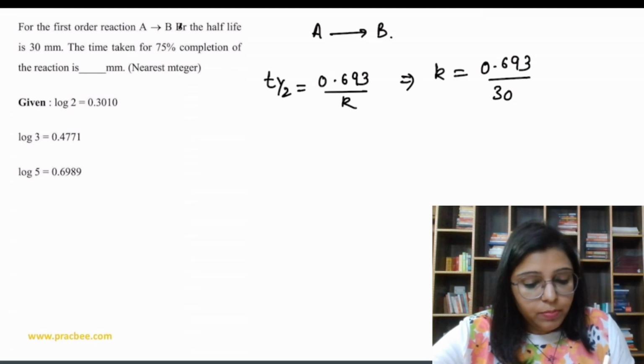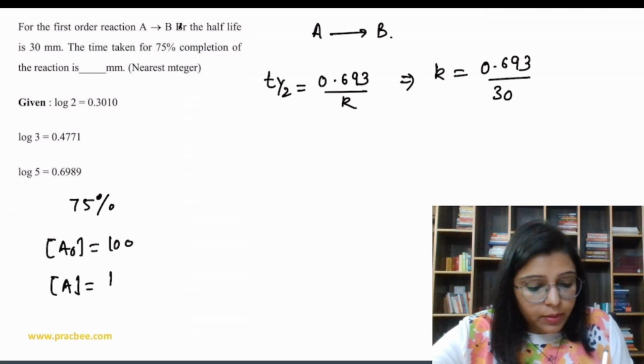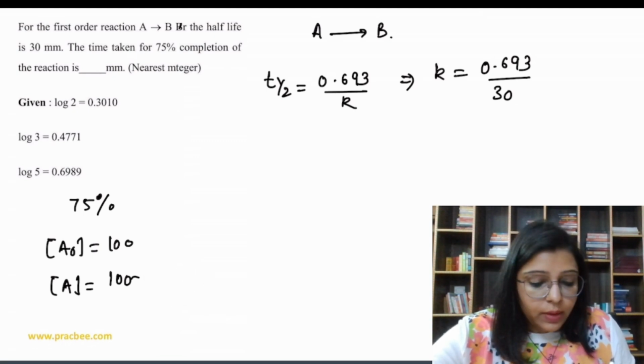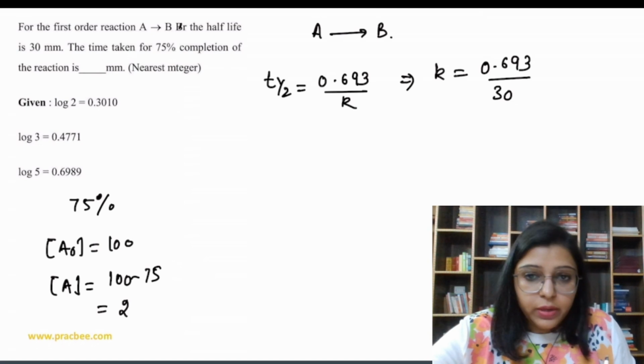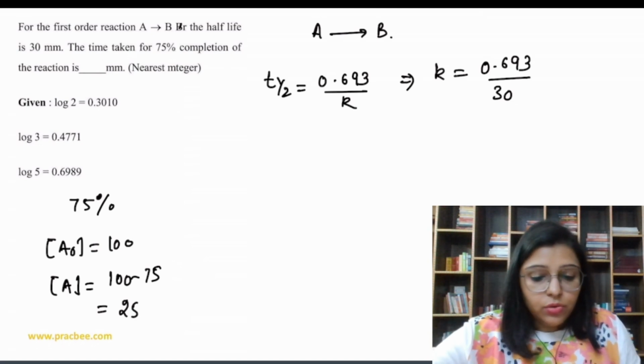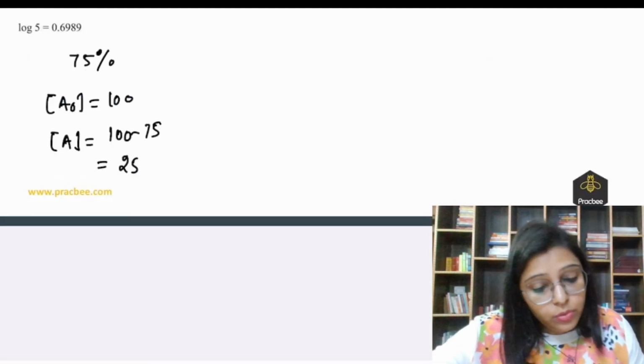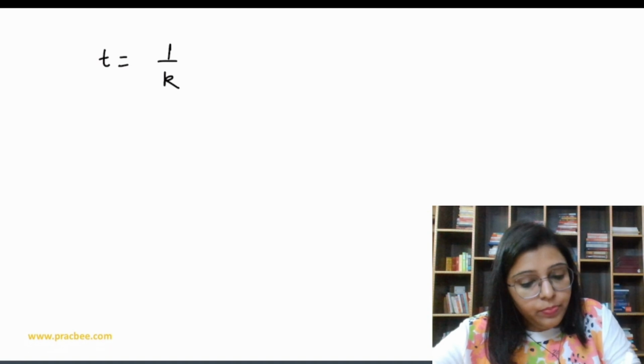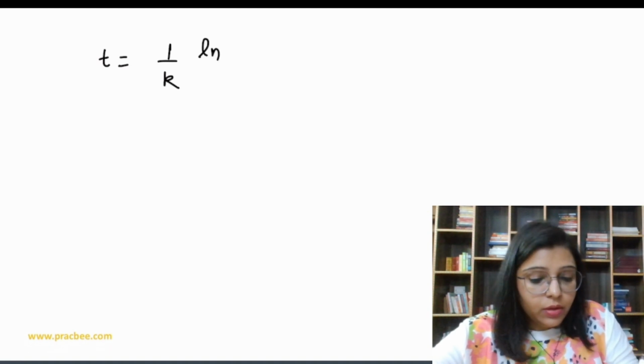75% completion means if A naught is equal to 100, then A is 100 minus 75 of 100. So 75 is complete, which means we get 25. So how to solve this? We have to find out time taken. T is equal to 1 by K and ln 100 upon 25.